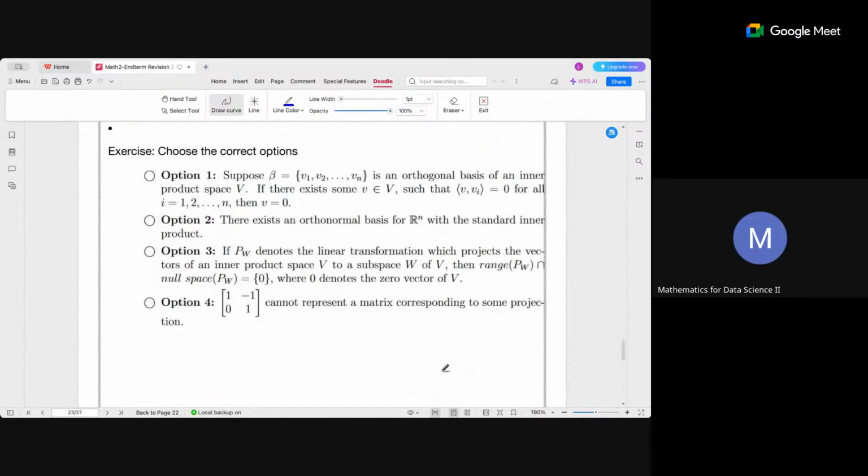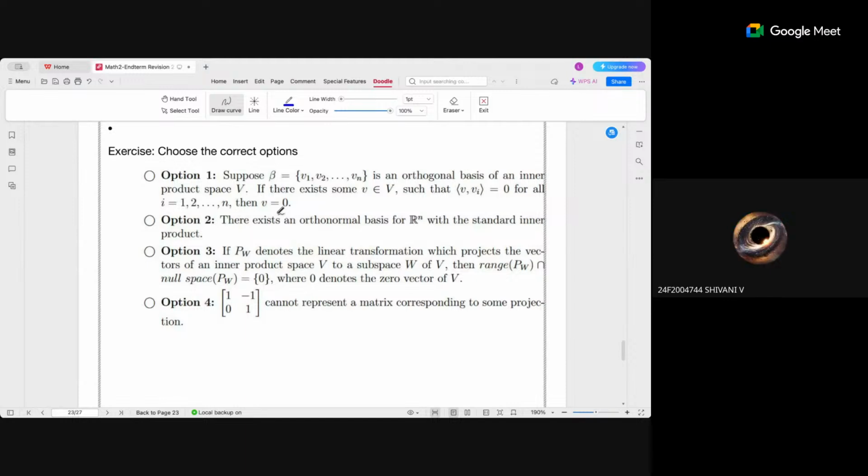Okay. Here you have to choose the correct option. The first option says: suppose beta is an orthogonal basis of an inner product space. If there exists some vector in V that is orthogonal to all the basis elements, then v is 0. Is that true?